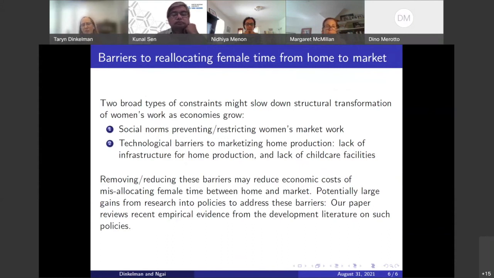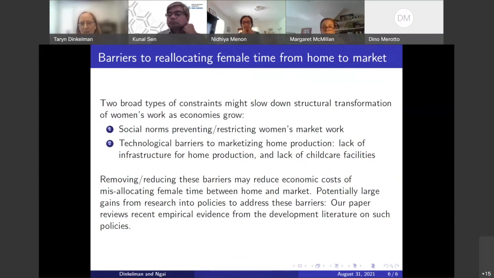In the second part of the paper, we review a number of empirical studies from the development literature that try to target one or the other type of barrier in a sort of policy framework, and we draw out what we might learn from those policies, whether they might work at a broader scale to reduce the frictions to moving women's time from home to market.